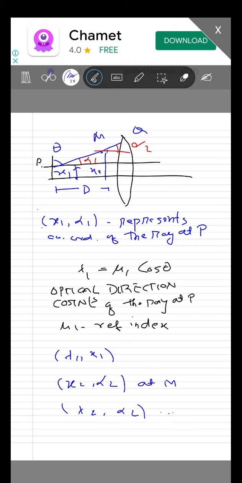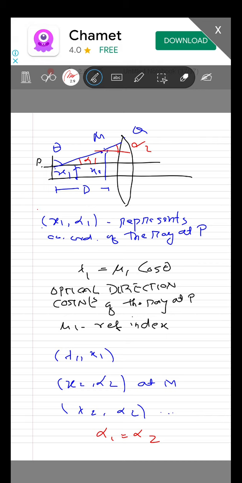Since there is no medium change, the ray traverses from P to M, so the refractive indices are the same, and therefore the angles are the same. We can write alpha 1 is equal to alpha 2. This is the first condition.